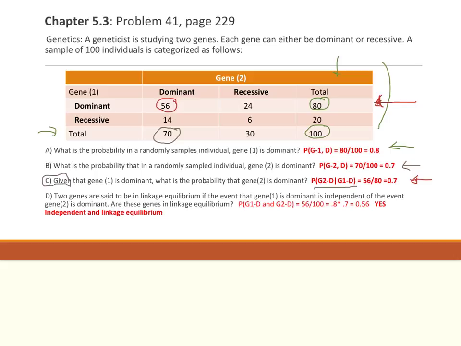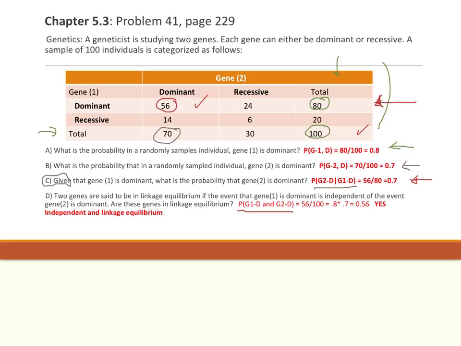Well, in this case, the answer is yes, and the reason why is when we do the calculation of the AND statement, gene 1 dominant and gene 2 dominant, in the whole sample, we see that 56 divided by 100 is 0.56. And yes, they're independent.